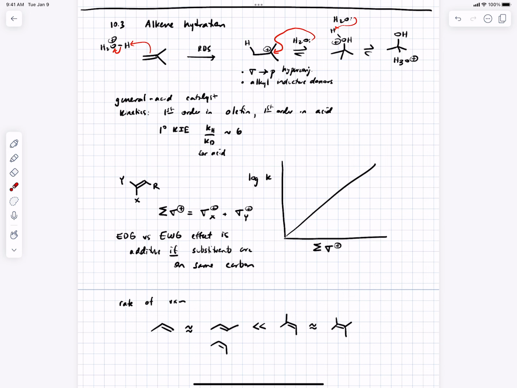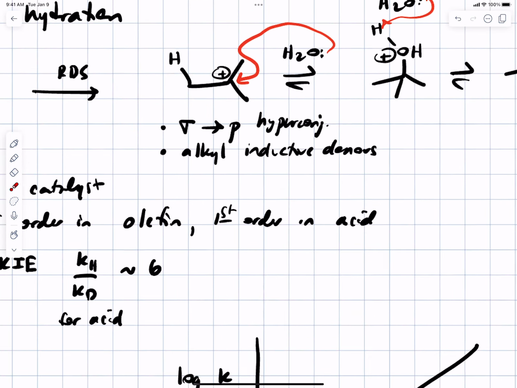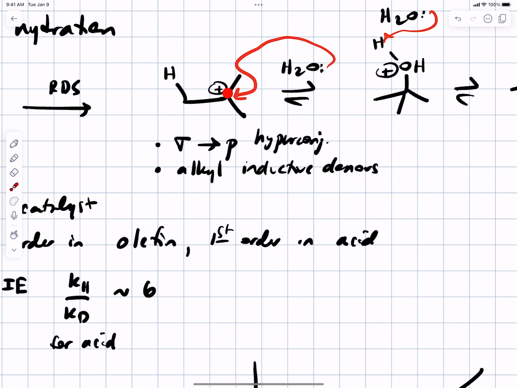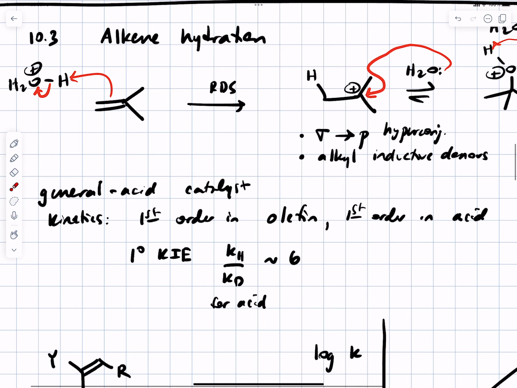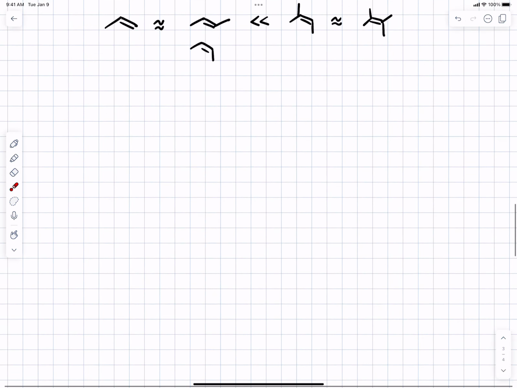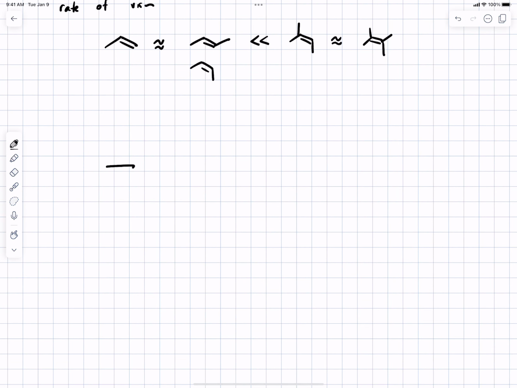Okay, right, it sits on the more substituted carbon and it's localized, which means that substituents over here don't matter as much. So let's sort of draw what the transition state might look like that could explain this.